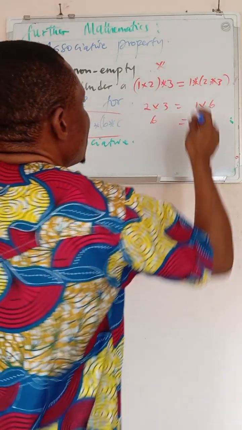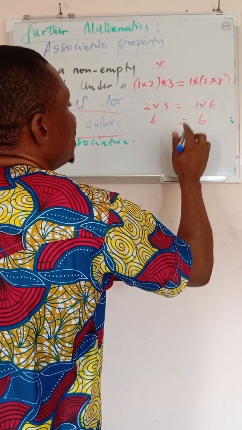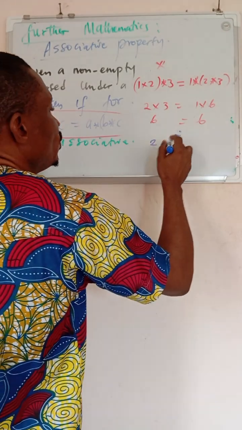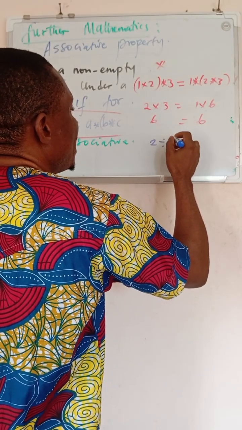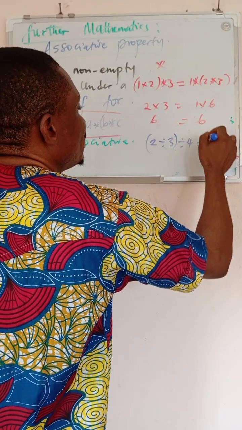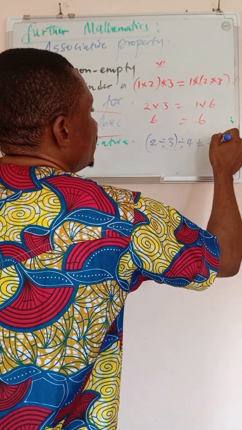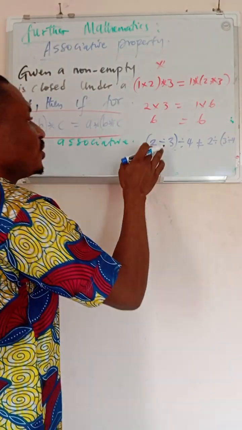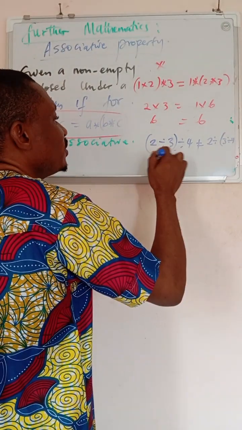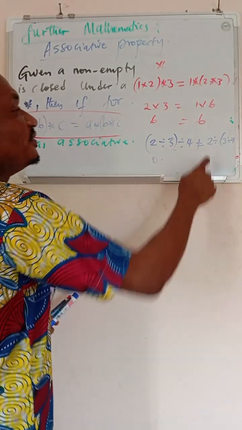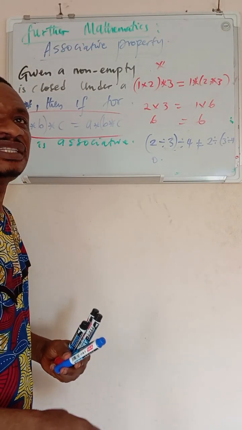Let's check whether division is associative, but it cannot be. (2 divided by 3) divided by 4 is not equal to 2 divided by (3 divided by 4). It is not, because 2 divided by 3 is 0 point something, divided by 4 can never be the same thing. So division is not associative.